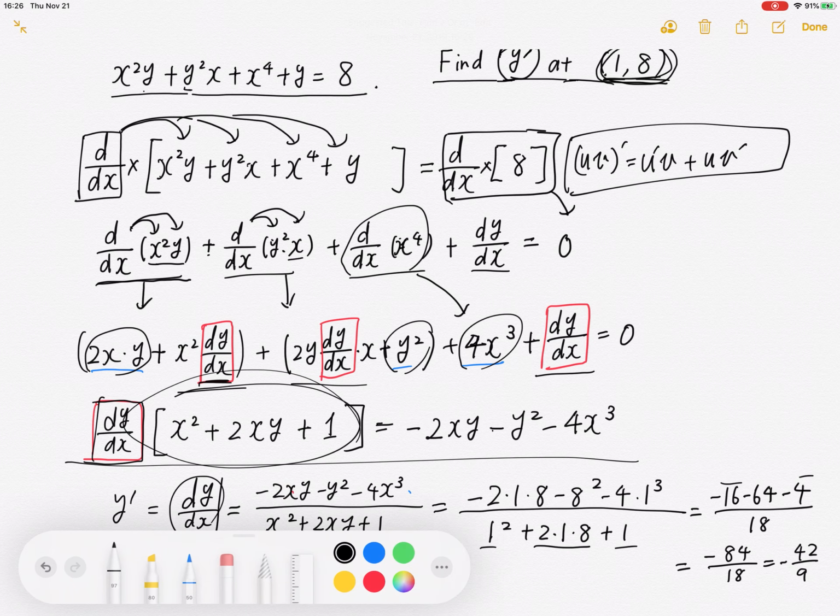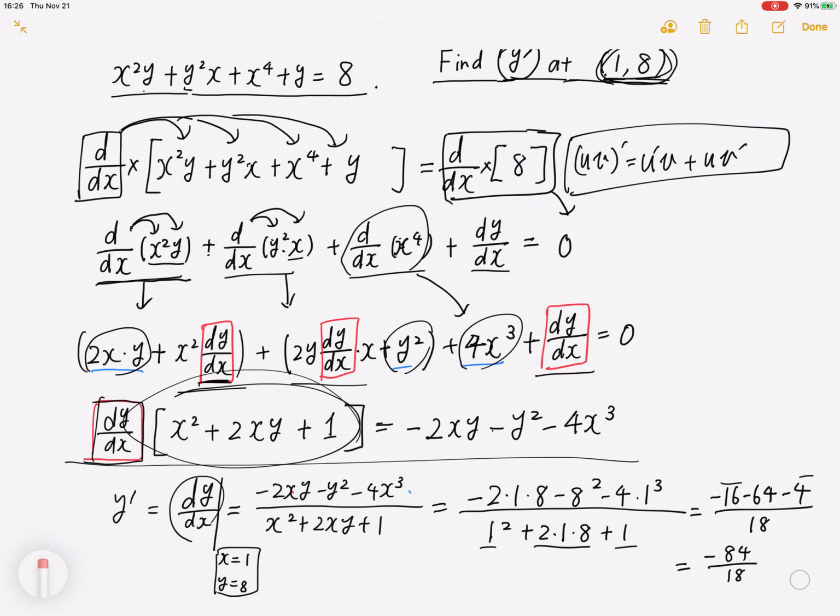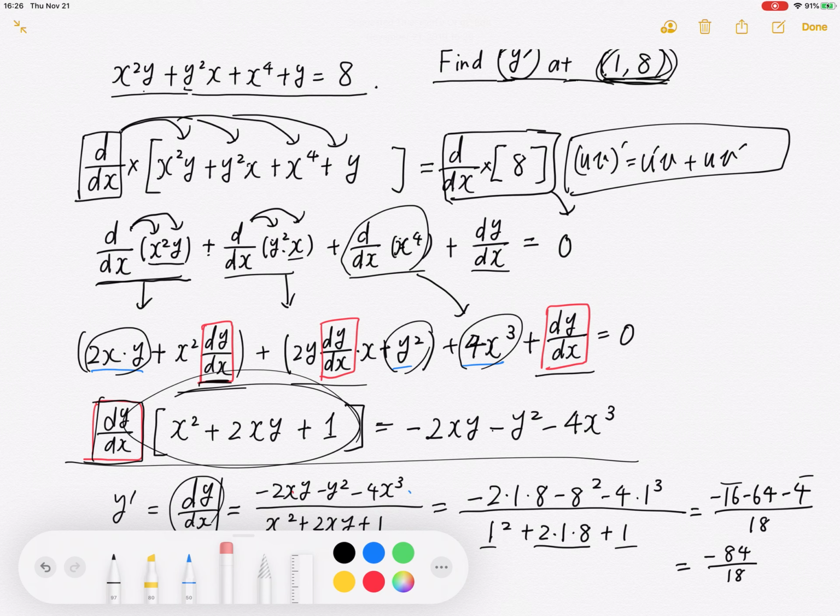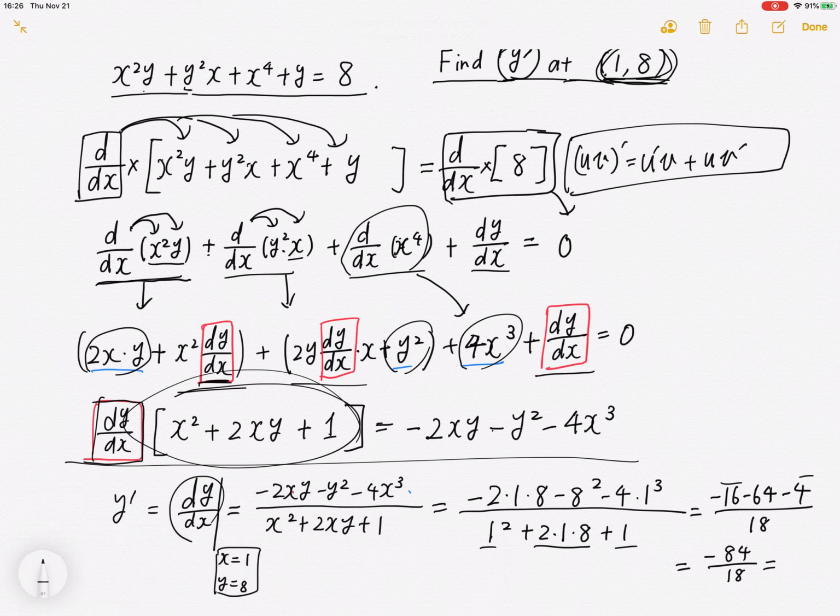Let me divide both sides by 6. 14 over 3. So that's the result.